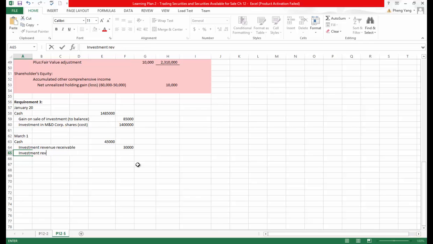And this investment revenue here is only for 2 months, January and February, because it was paid on March 1st.